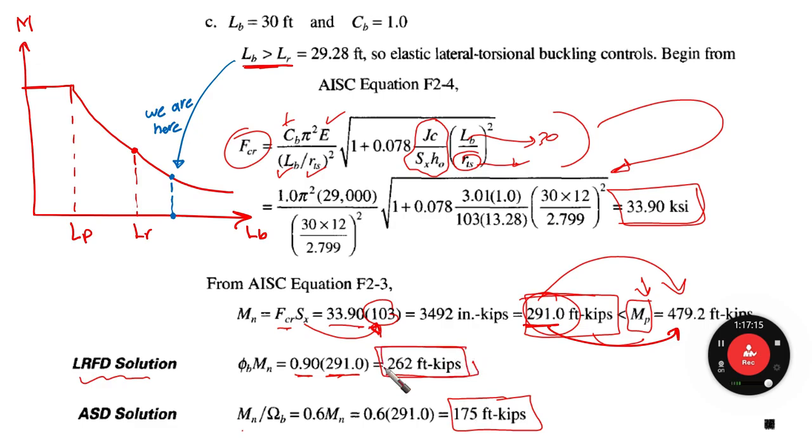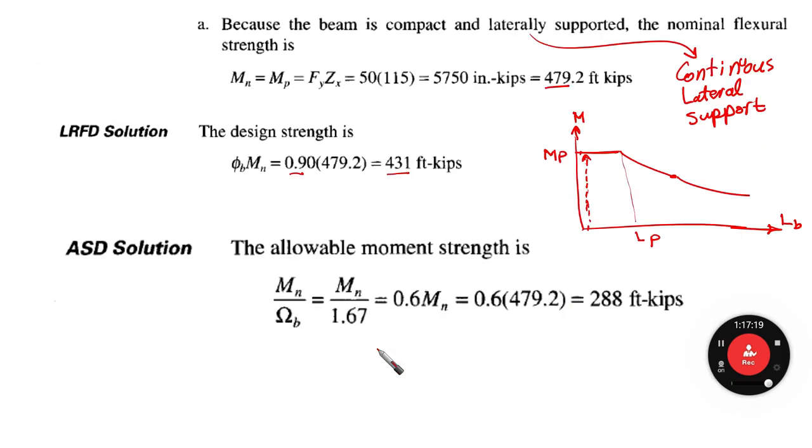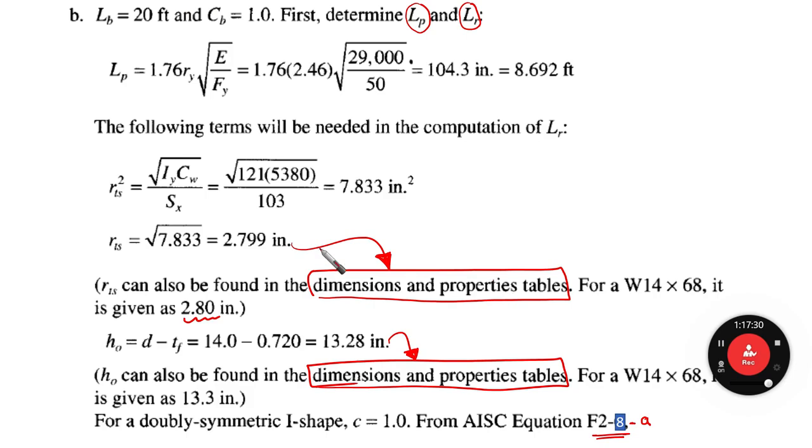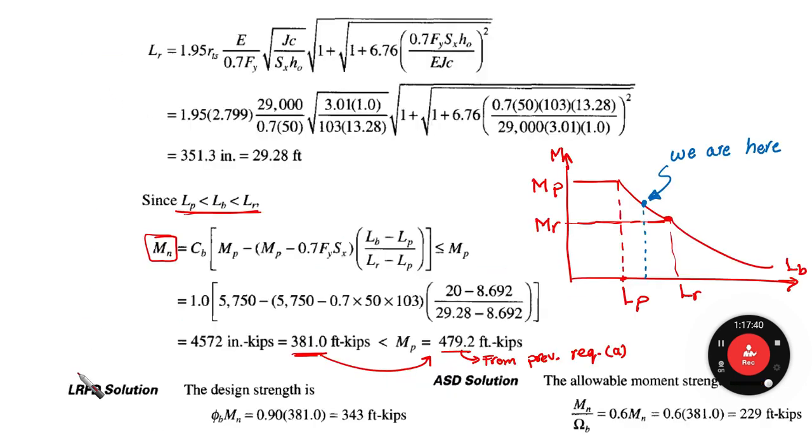I'm going to recap only. Take care of these values. In section A, our LRFD was 431, we are here, Mp. After that, in section B, we found that our Lb, the unbraced length, was 20 feet, and we ended up with an LRFD of 343.